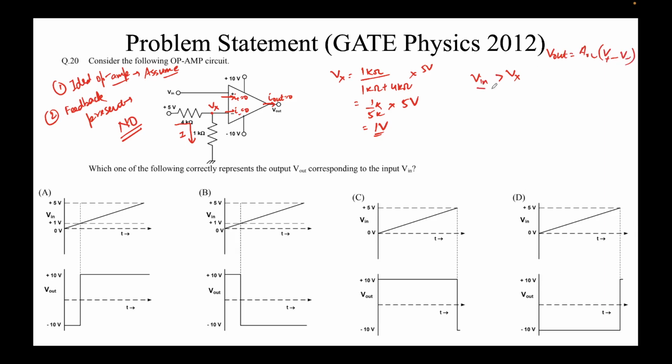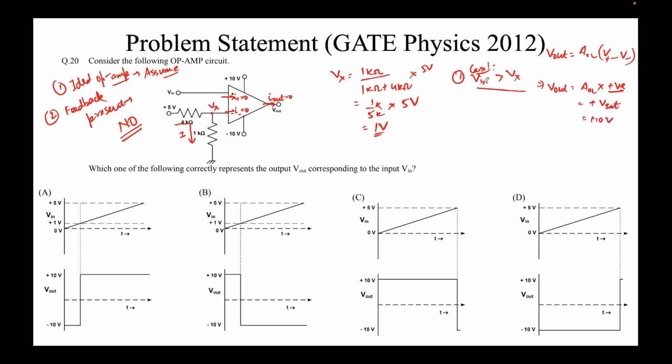Now if Vin is greater than Vx, this is case 1. When Vin is greater than Vx, V out will be AOL times some positive quantity, so this will eventually saturate to plus Vsat. Now we know the plus Vsat is 10 volts, so we can simply write this as plus 10 volts.